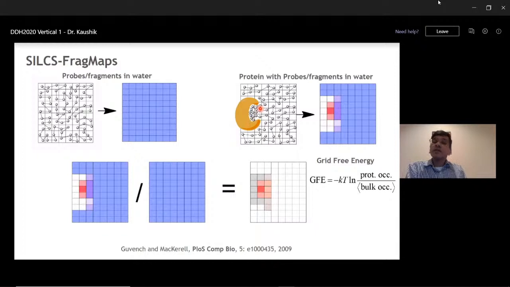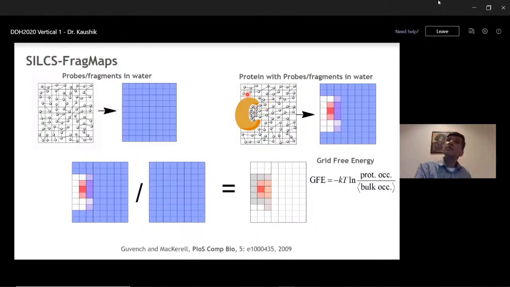In the same solvent box with the same methanol and water, now you have a protein of interest, and you rerun the MD simulation. At this point, when you recount, the count of the methanol in each of these grids is now going to differ based on how much of an interaction exists between the protein surface and that given methanol.